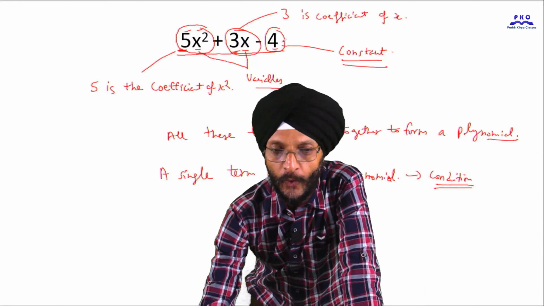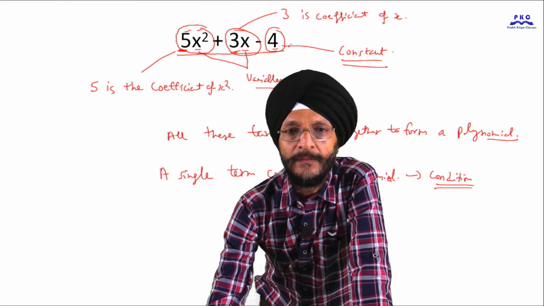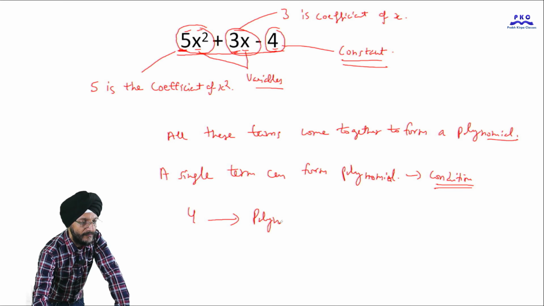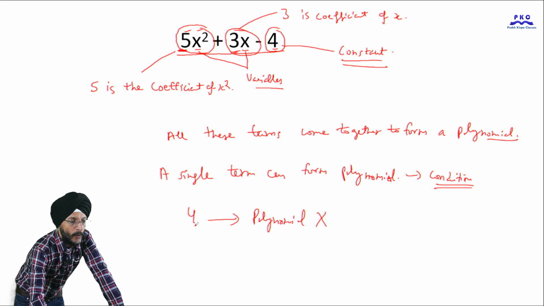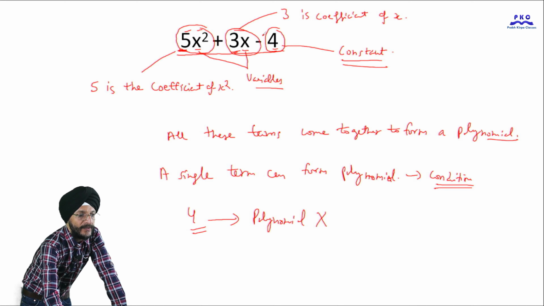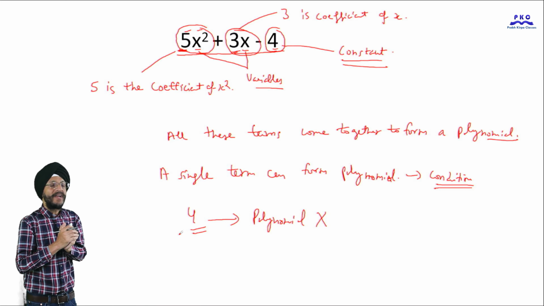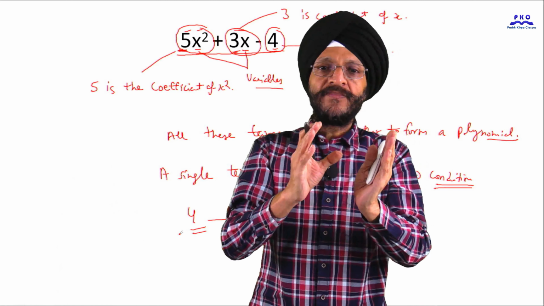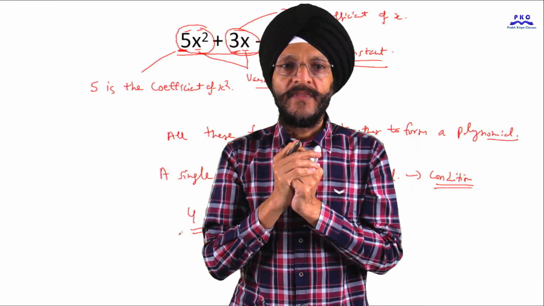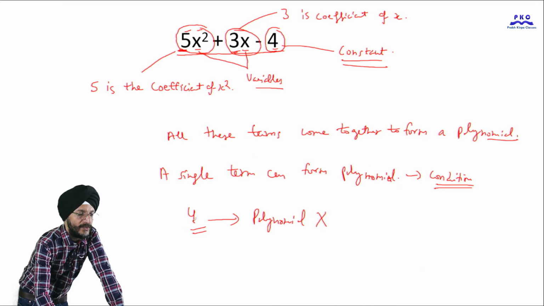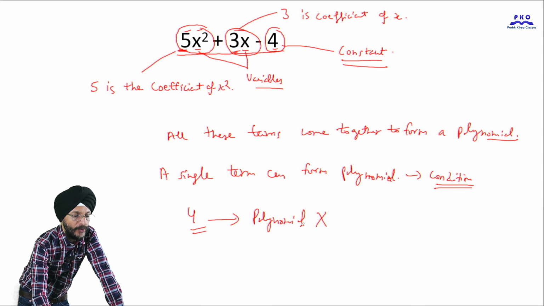If we say that 4 is a polynomial, because 4 is a term, a single term, is it a polynomial? No, it is not, because it only has 4. We can say that it only has a coefficient, but the variable is missing. We have learnt that a term consists of variable plus coefficient. So in the case of 4, it is only a constant. So this cannot be regarded as a polynomial.